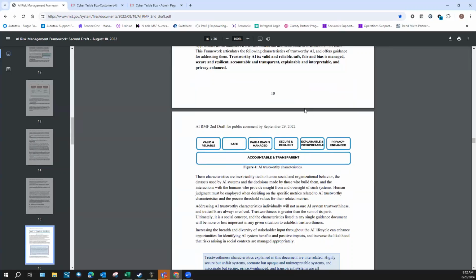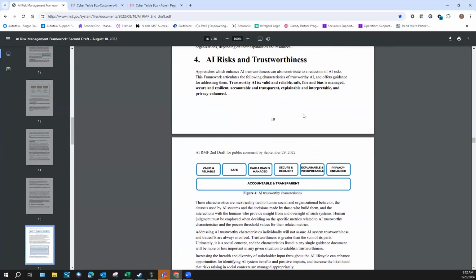They go over AI risk and transparency and trustworthiness. They want you to make sure that your environment is secure and resilient. There's accountability and transparency in that the AI is open. What it's doing is not a secret to anyone.